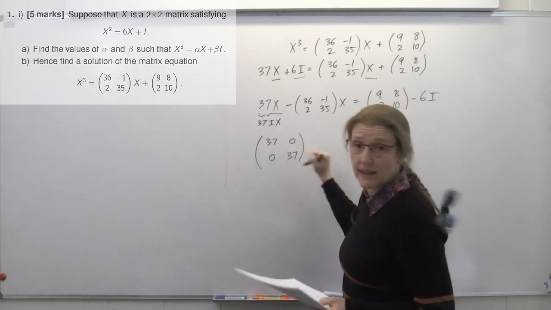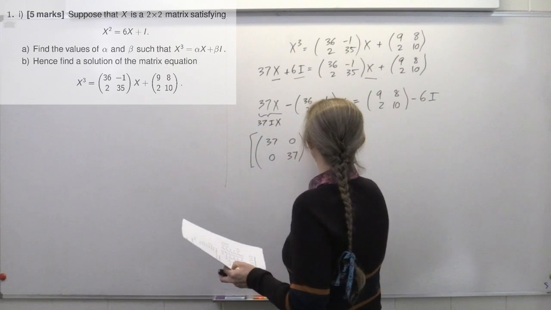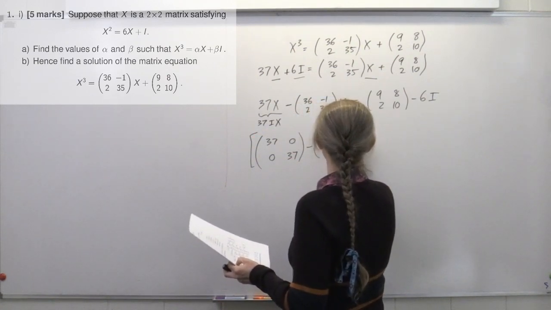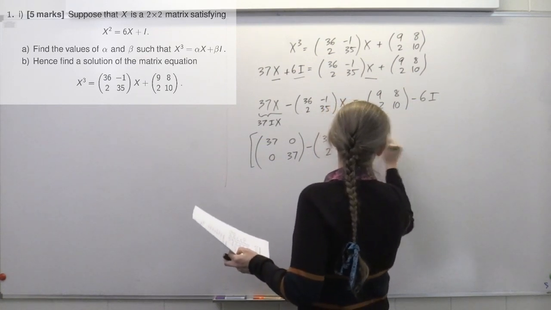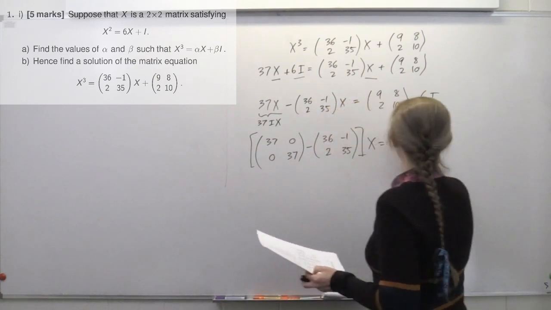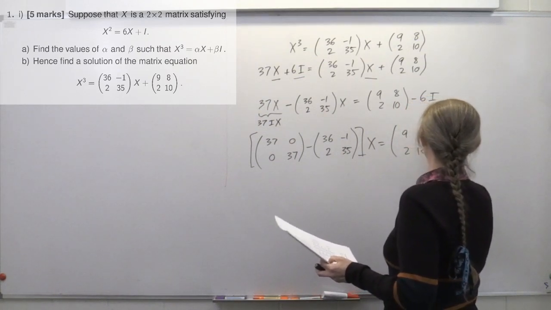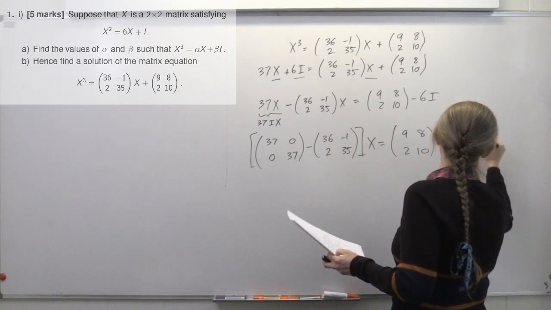But we're multiplying that throughout by 37, minus our second matrix, coefficient matrix, x. And of course here we're going to have 9, 8, 2, 10, minus 6, 1, 0, 0, 1.